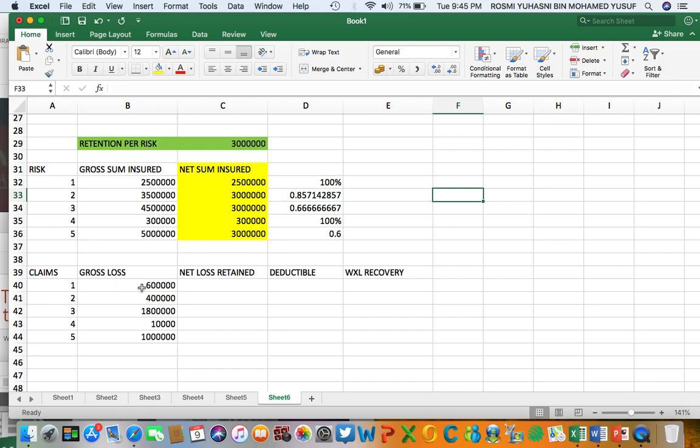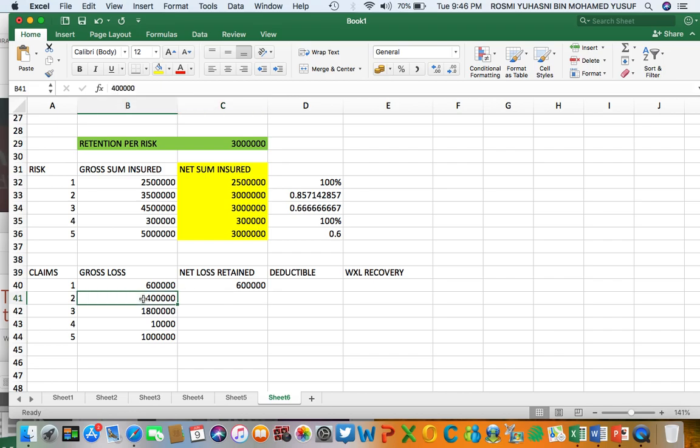So this is the gross loss for the first risk. The first risk has a gross sum insured of 2.5 million and a gross claim of 600,000. Since we know that insurer retains 100% of the first risk, they will also retain 100% of the gross loss for the first risk. So it's going to be 600,000.